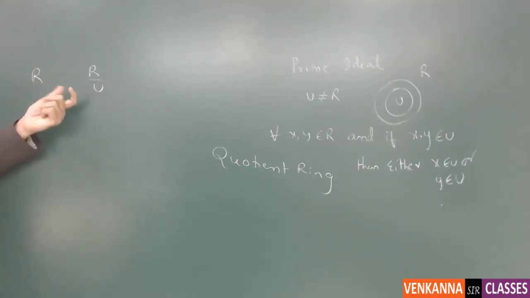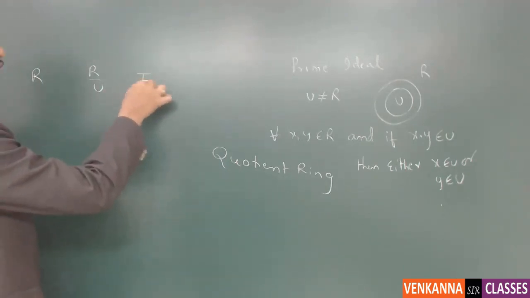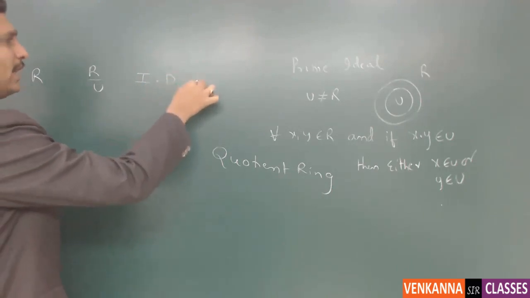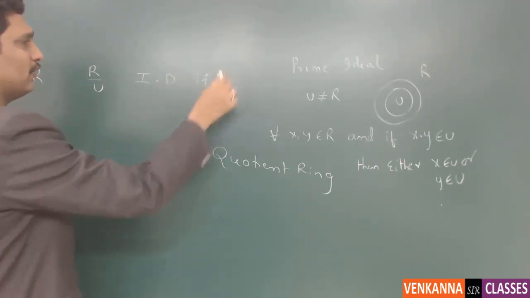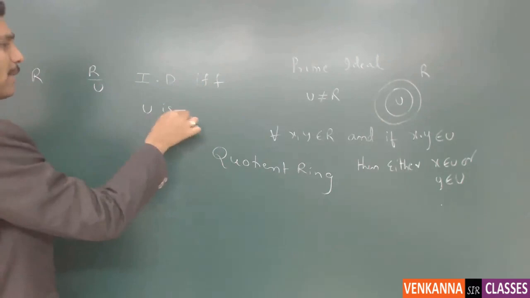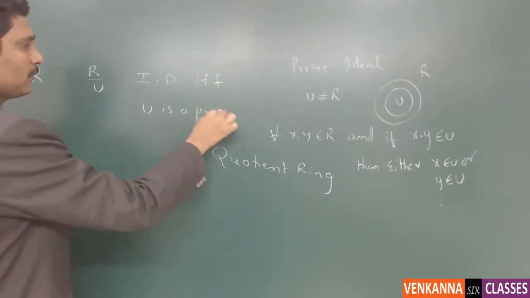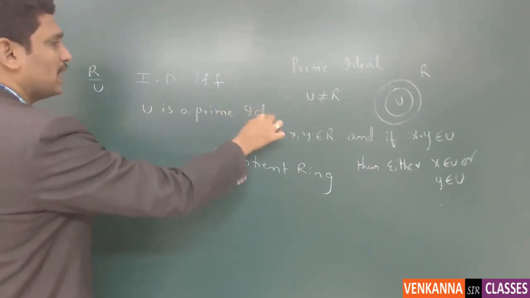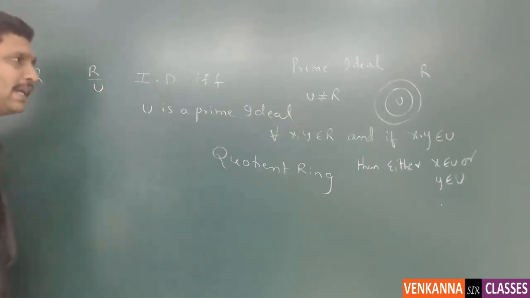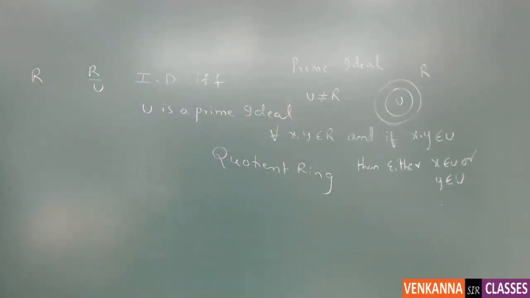The special thing we need to consider here is R by U will become an integral domain if and only if U is a prime ideal. So this is one good relation between the ideal and the ring we can observe. This result we just want to prove now. So please take a note of this.